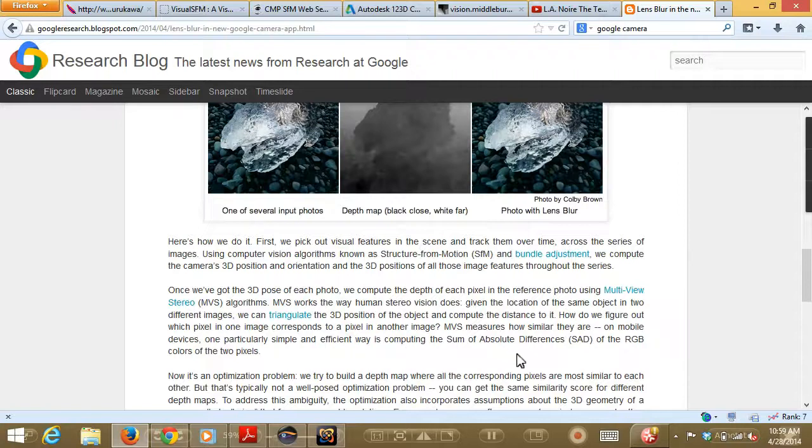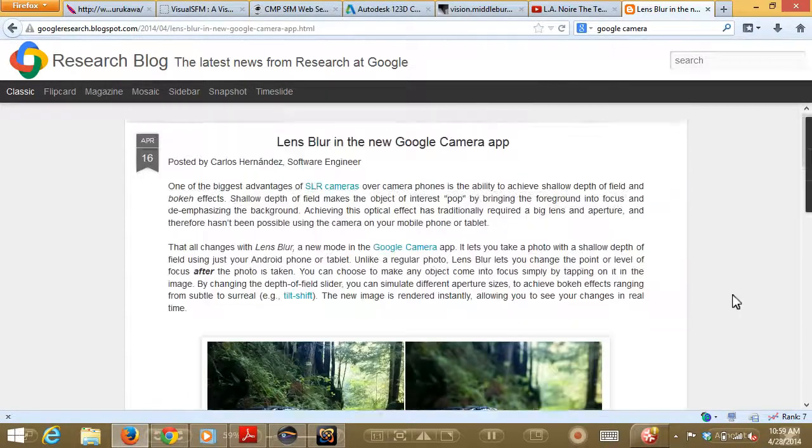And there are interesting problems about how to do this quickly on your phone, because unlike 123D Catch, this one is not farming anything out to the cloud. It's all done on the spot, so they have to have a fairly efficient structure from motion and multiview stereo algorithm to work on your phone.